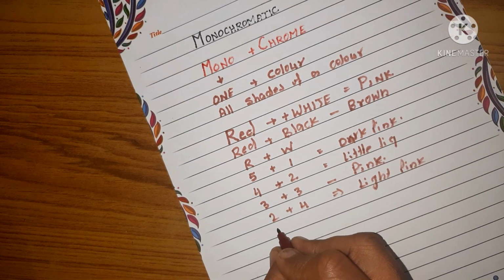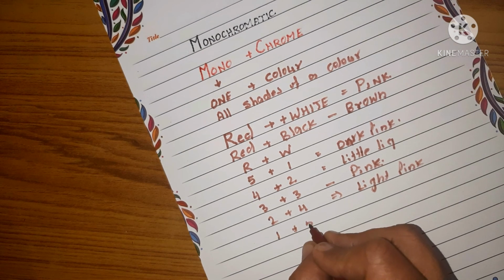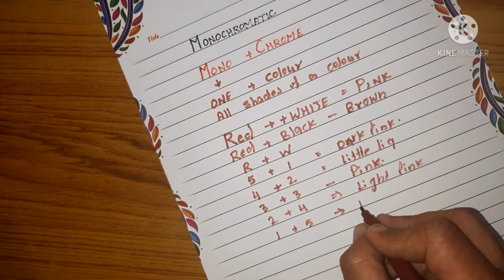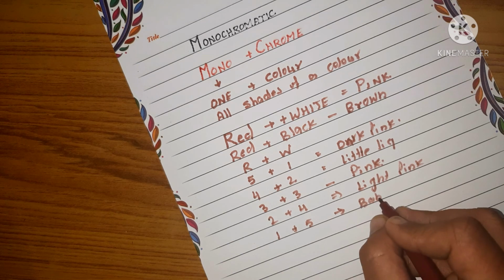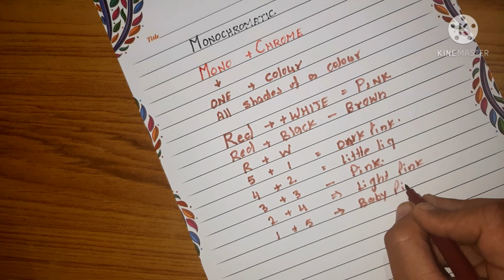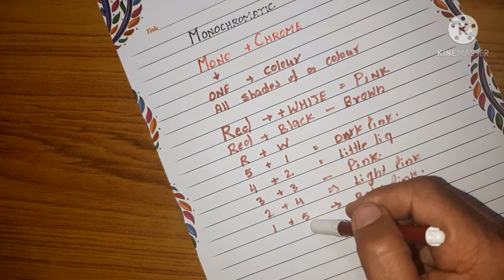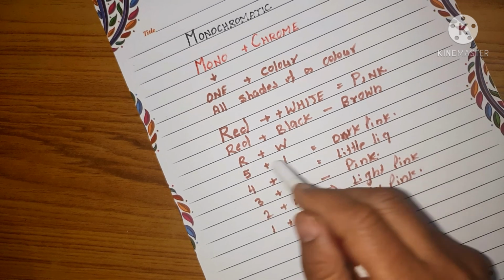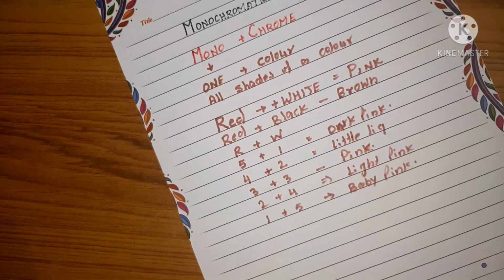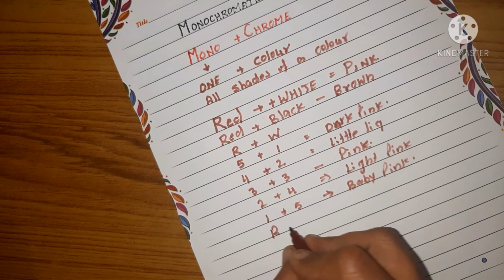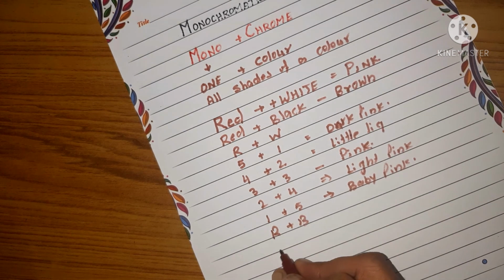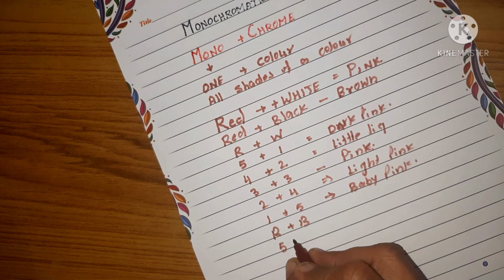Or if I use 1 is to 5, it will definitely create the baby pink color. So in such a way, you can create a number of pink shades by using different ratios between red and white. In the same manner, we can add red plus black in different ratios.